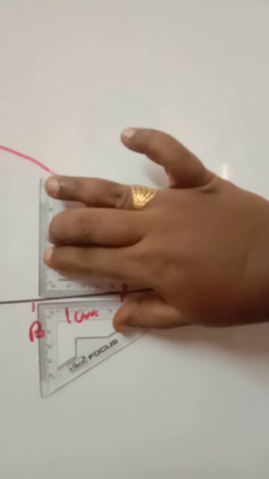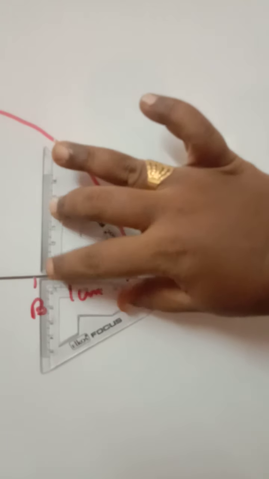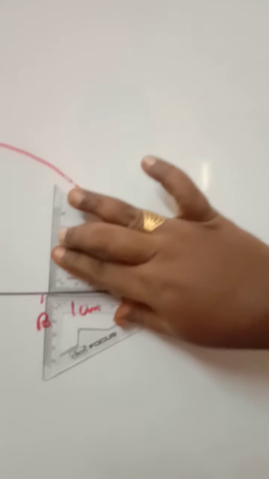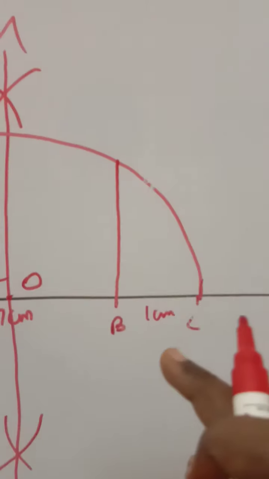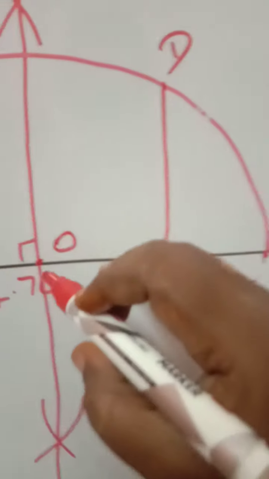At B, keep the set square below the line, and above that keep it straight, and you have to draw a line here. Using the set square you have to draw. Mark this as BD.